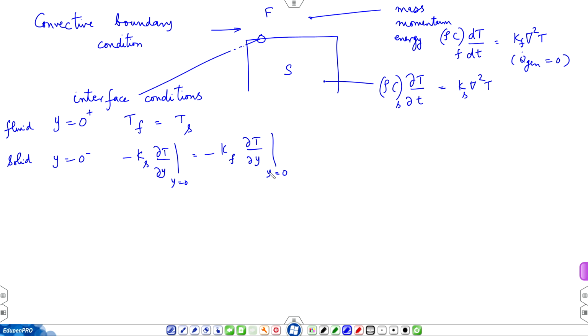So, continuity of heat flux, continuity of temperature, these conditions have to be applied at the interface, and then you have your own energy equations in each of the media. So, this will have to be solved in general.